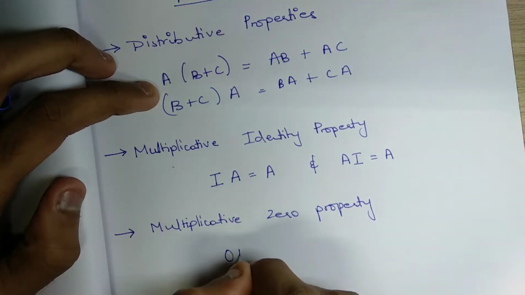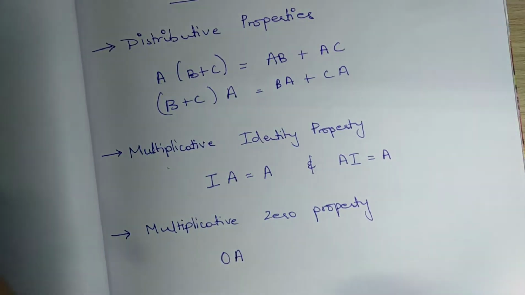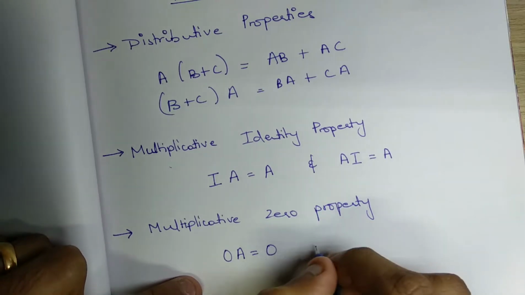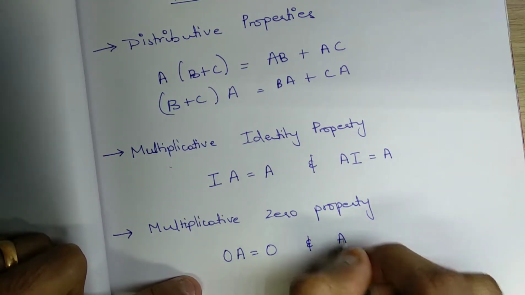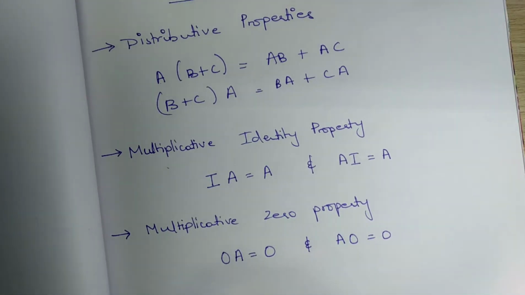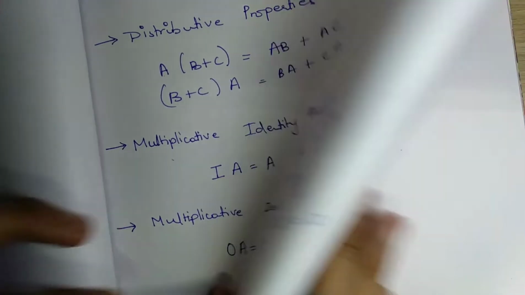So the O matrix times A is equal to O, whereas A into the O matrix is also equal to O. So these are some of the main laws. You should remember these laws before starting a sum of matrix multiplication.